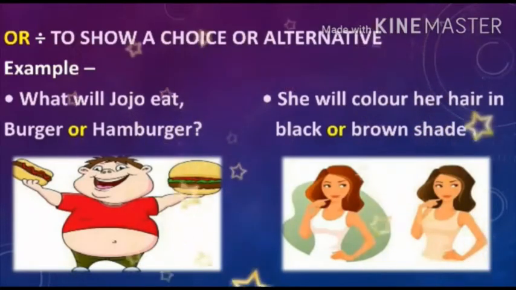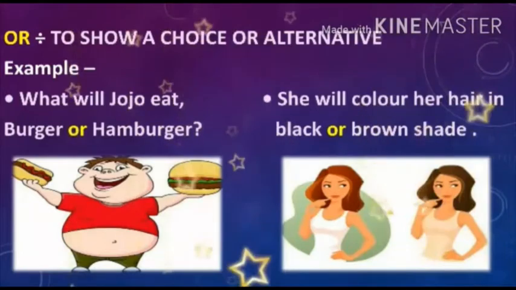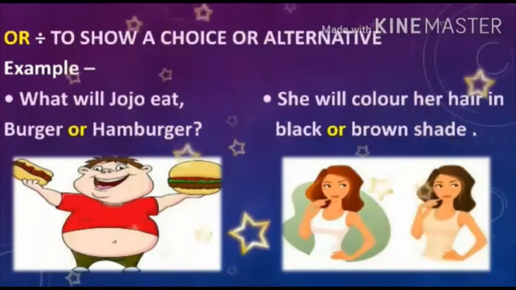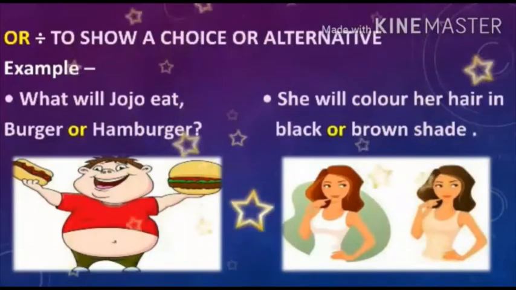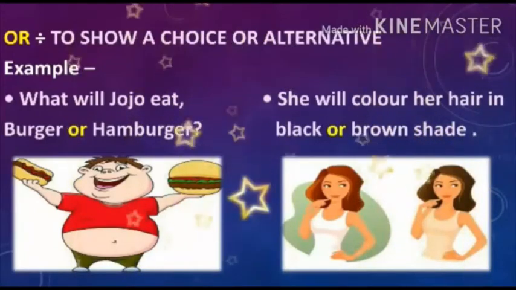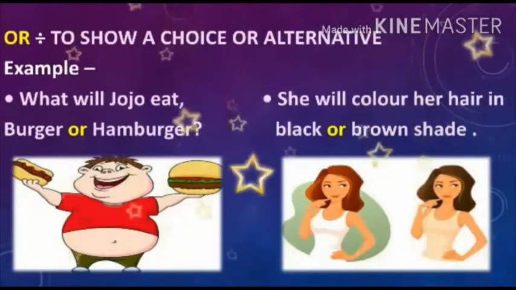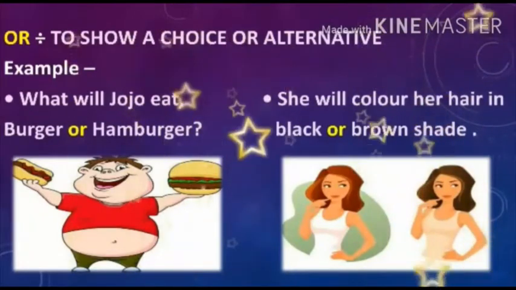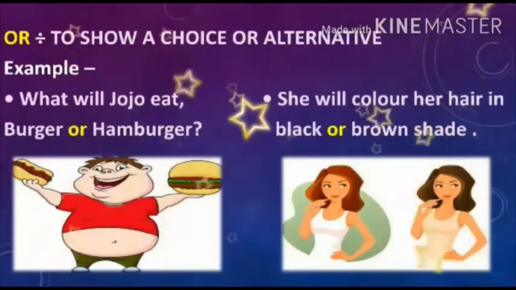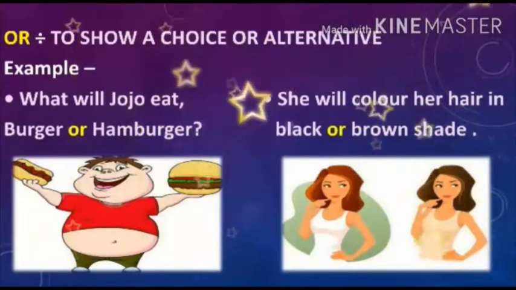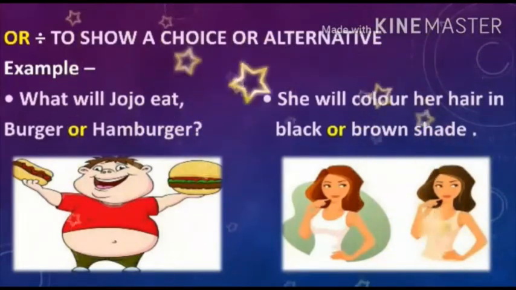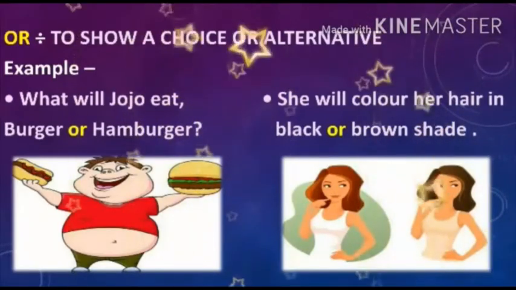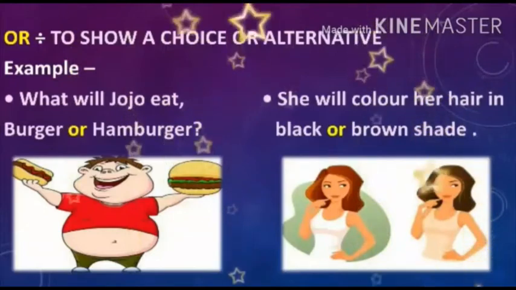Now, the next conjunction is or. This is used to show a choice or alternative. For example, what will Jojo eat, burger or hamburger? Here Jojo has two options and he has to choose one of them, and that's why we use the conjunction or. Or is always used for option, choice or alternative.